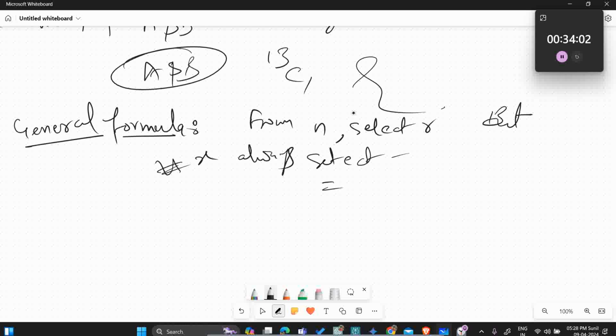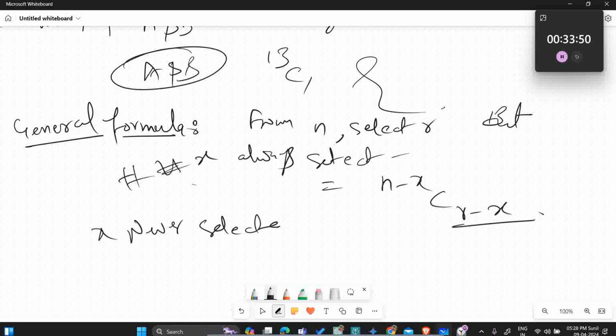It would be n minus X C r minus X. And it can be modified to X never selected. It will be n minus X C r.